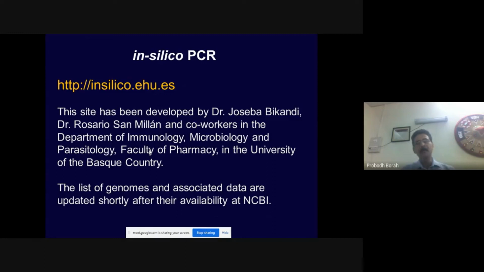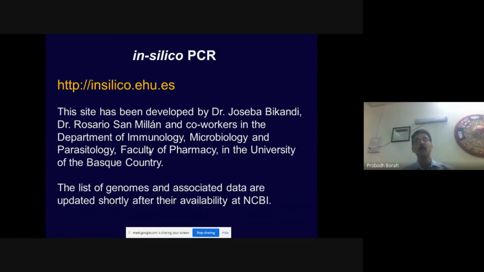That means, before taking the PCR primers to the lab for actual wet lab experiments, we again validate the primers using a computational method which almost simulates the PCR reaction. It is nothing but actually using the probable templates representing the target sequence, and we see whether the primers have a high level of similarity to the target sequence or not.